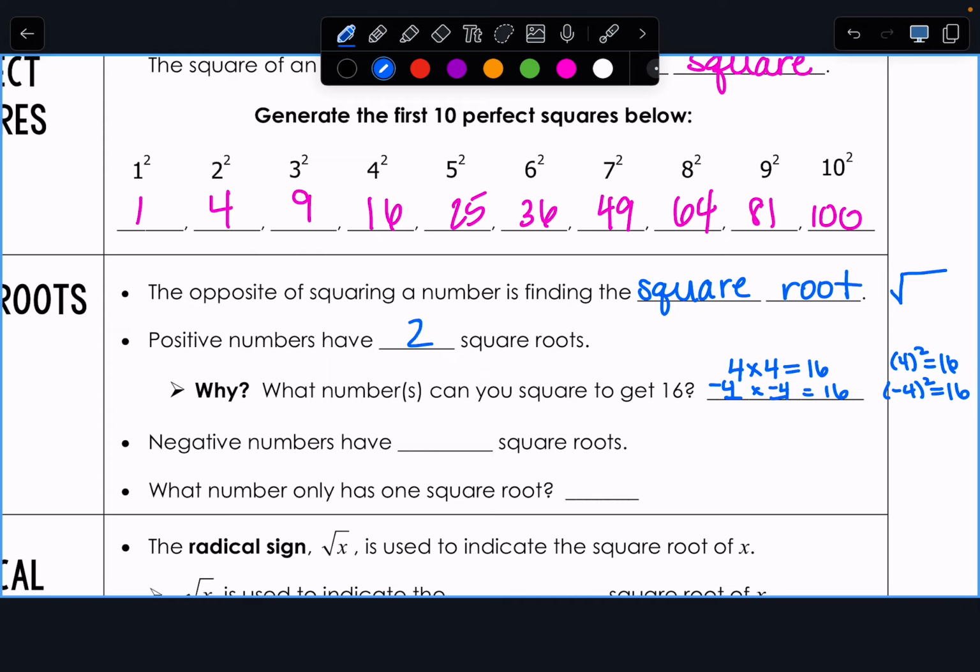So like 4 times 4 is a number times itself. Negative 4 times negative 4 is a number times itself. Is there any way to take two numbers that are the same, multiply them, and get a negative answer? No, there's not. So negative numbers have no square roots. Okay, it's not going to happen.